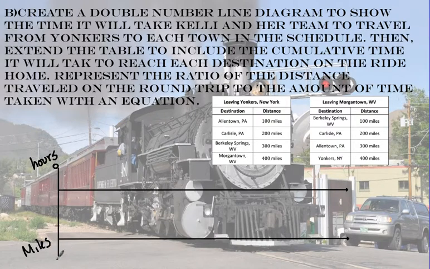I start at 0 on both, and then I know that from my table, in 2 hours I will go 100 miles. In 4 hours I will go 200 miles. In 6 hours I will go 300 miles.